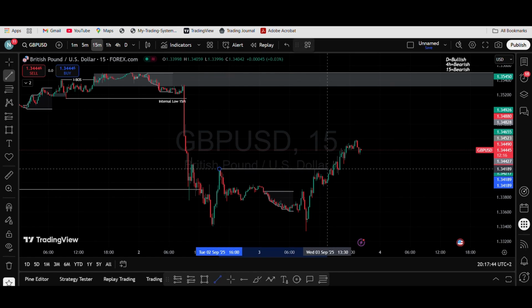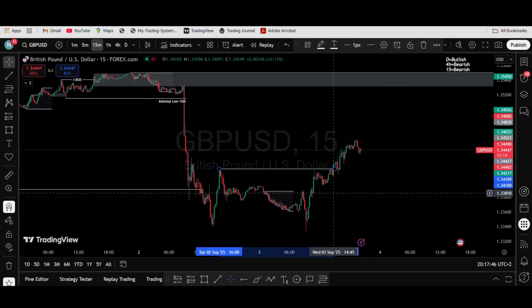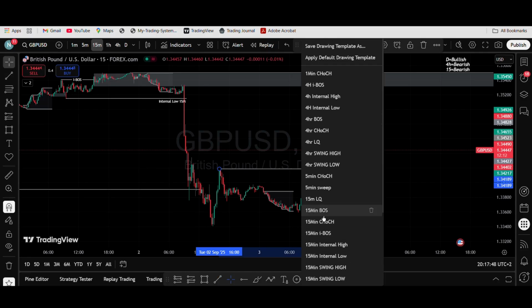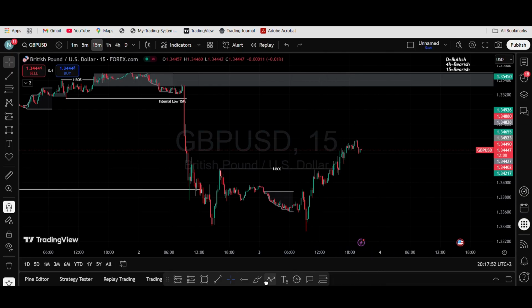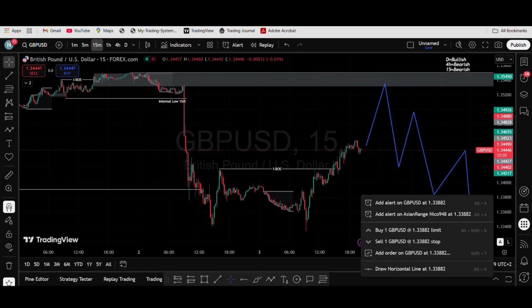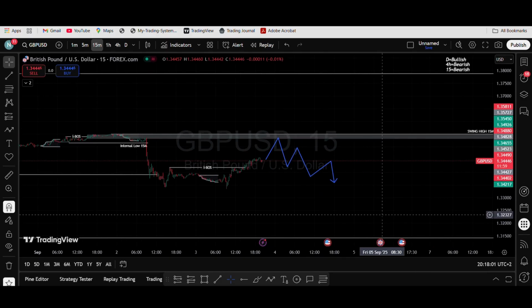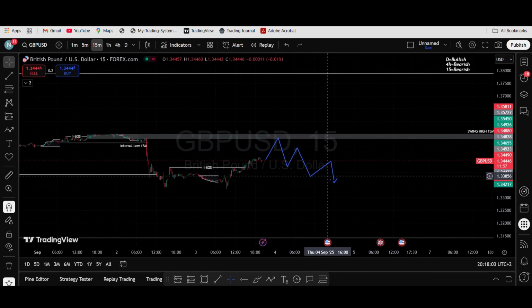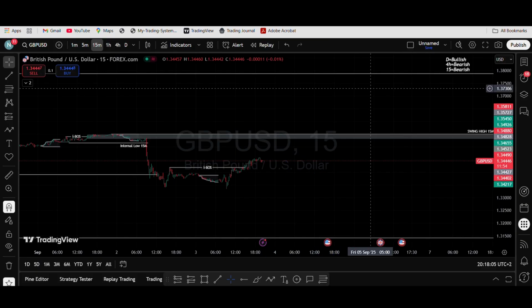Remember the internal structure turns bullish to facilitate the M15 pullback. Once the pullback is complete, we then switch bearish again to continue the trend, right? So you'd be looking for something like that.